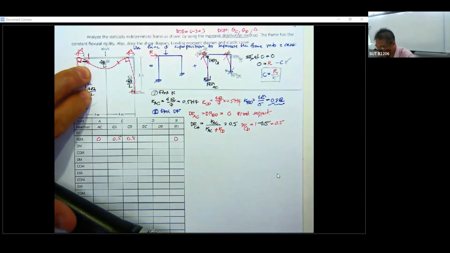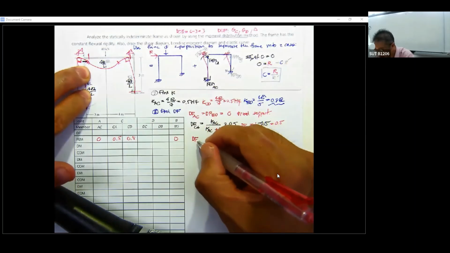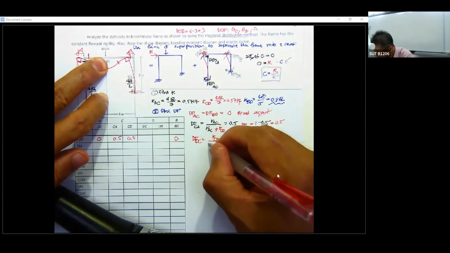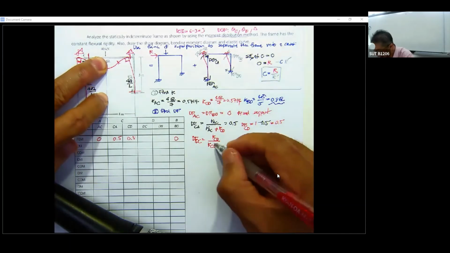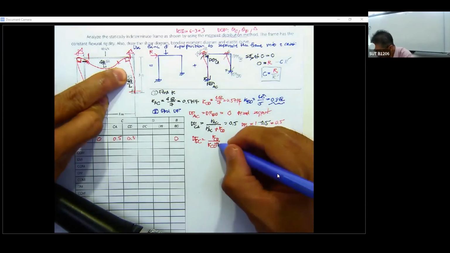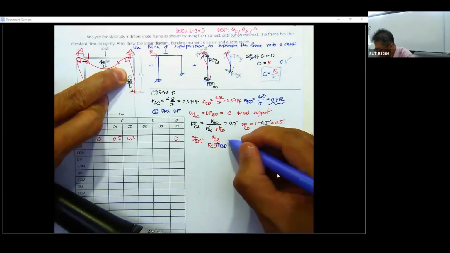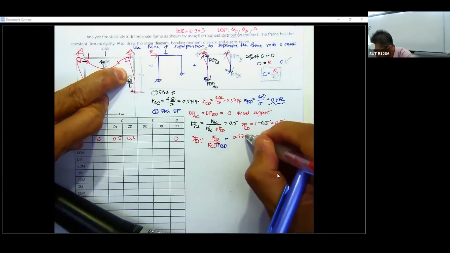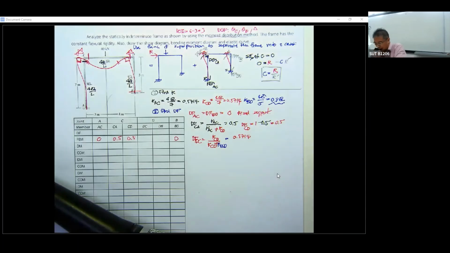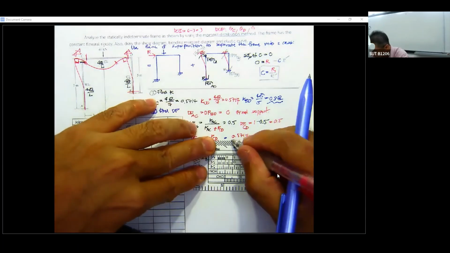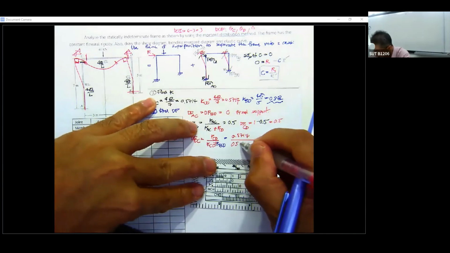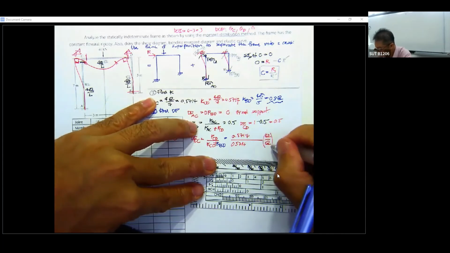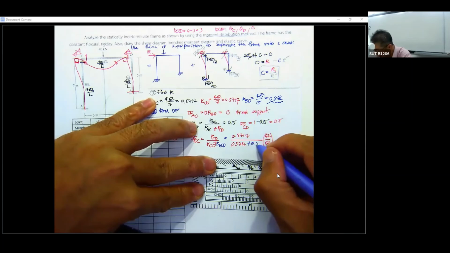Now you move to the distribution factor DC, which is going to be K sub CD divided by K sub CD plus K sub BD. That is 0.5714, and you may put EI if you like, but you may take it out, EI divided by EI, like this, plus 0.8.